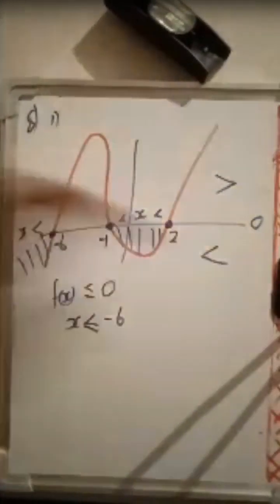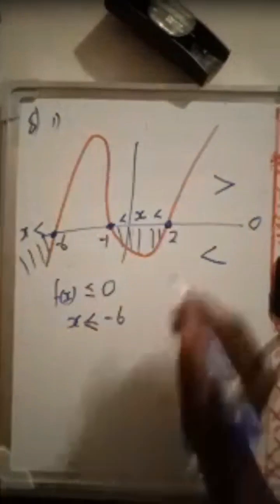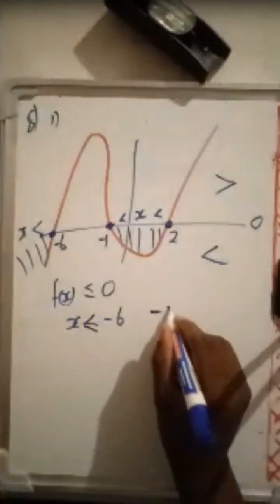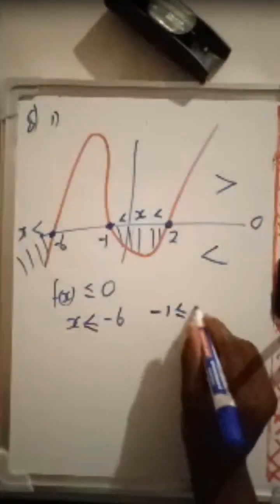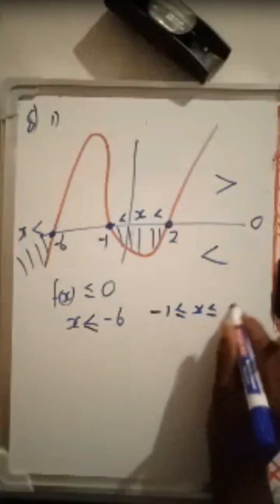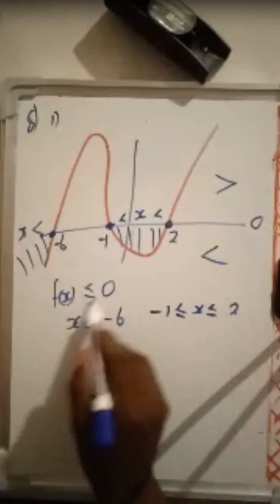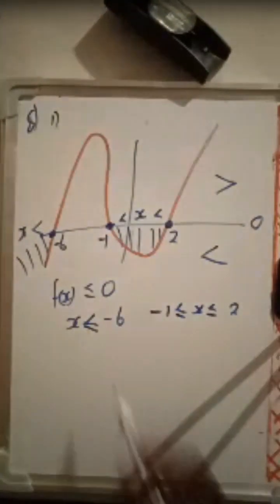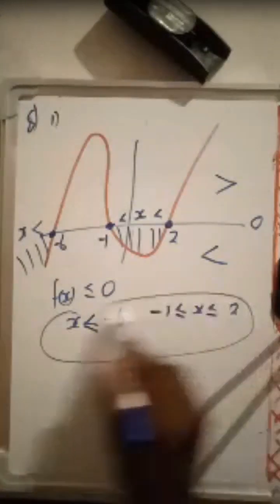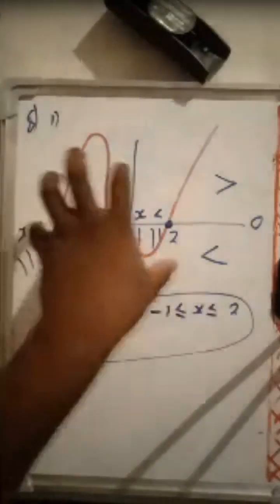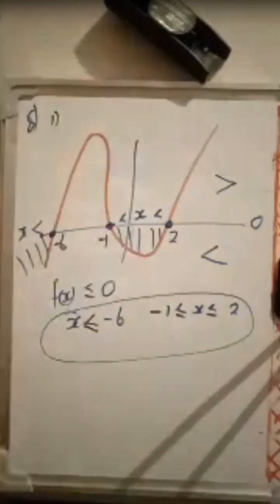So this is going to be -1 less than or equal to x less than or equal to 2 because of this item. So this part is like the part of the inequalities in question number 1. So our solutions are these ones.